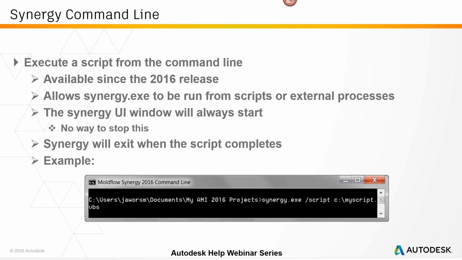So if you had a script that you may want to run silently, or without having the window of Synergy open, you can do something like this example at the bottom of the screen, where you call out synergy.exe, you tell it that you're going to be running a script with /script, and then you give it the location of the script, which happens to be on the C drive, and this one is called myscript.vbs. When I run that, it'll open up Synergy, it'll run whatever the script has it run, and then it will close it when the script ends.